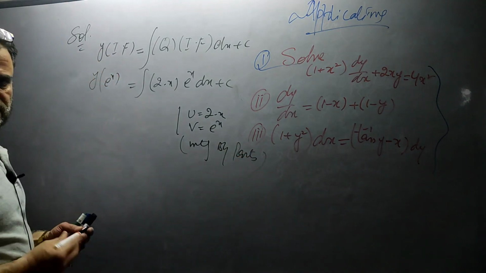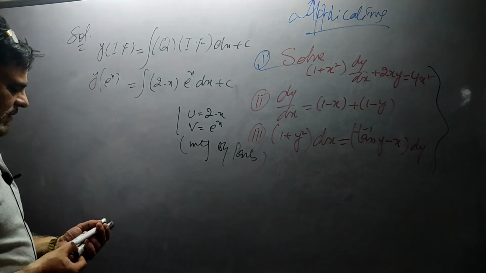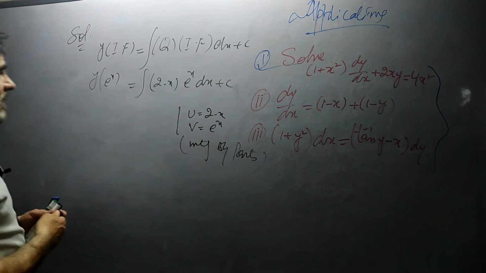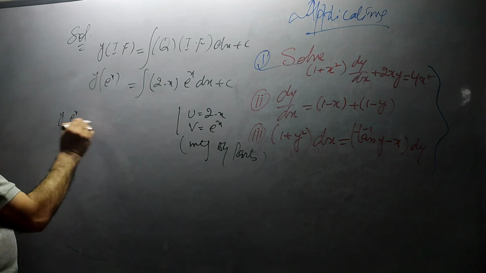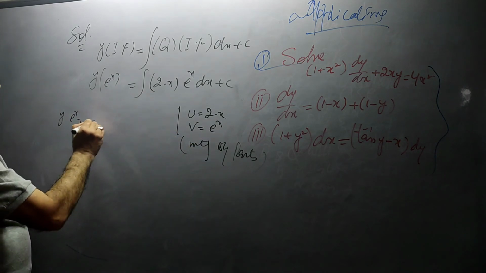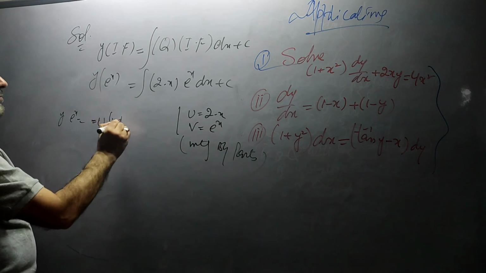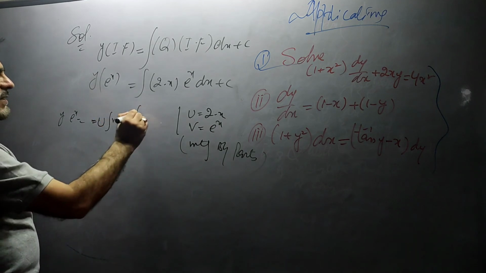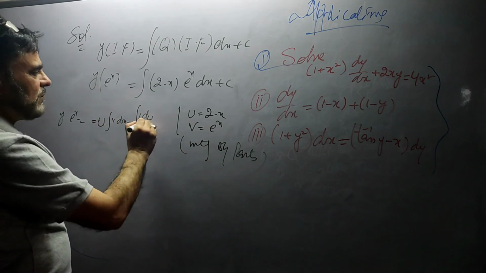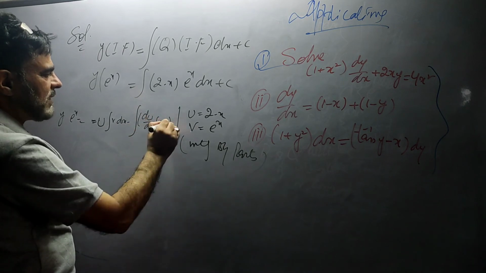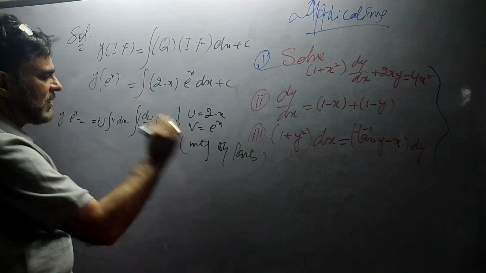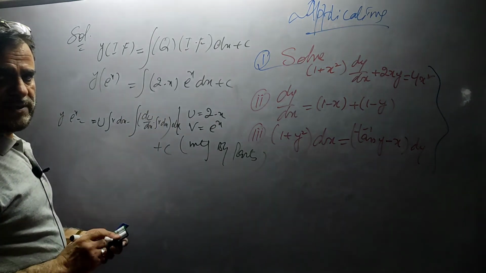Do you know how we integrate by parts? It is u as it is times the integral of v with respect to x, minus the integral of the derivative of u with respect to x times the integral of v with respect to x, integrated with respect to x, plus c.